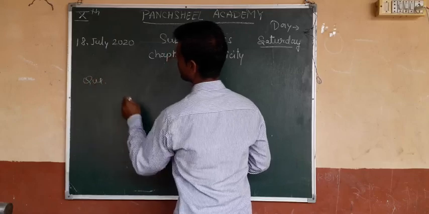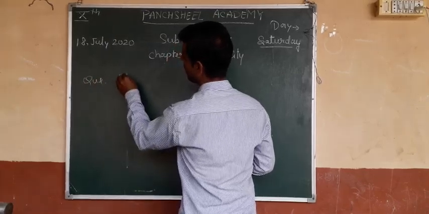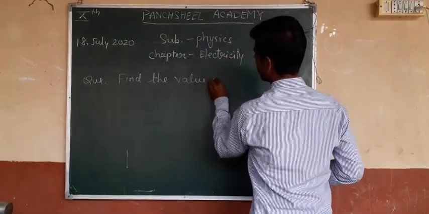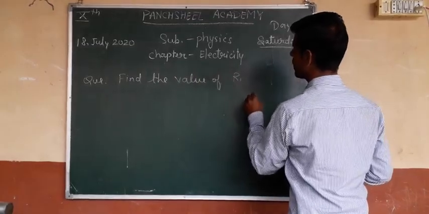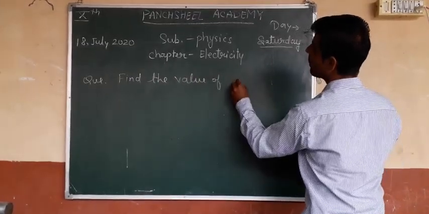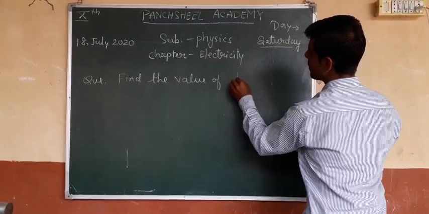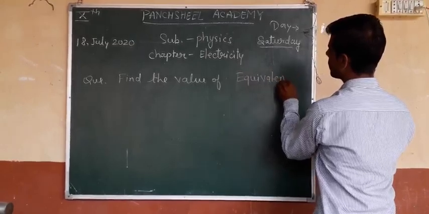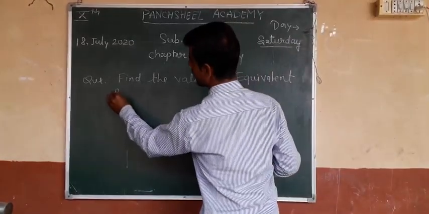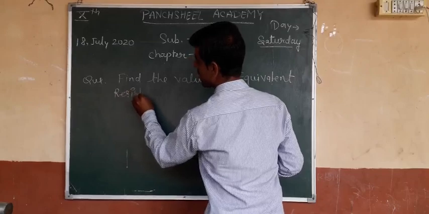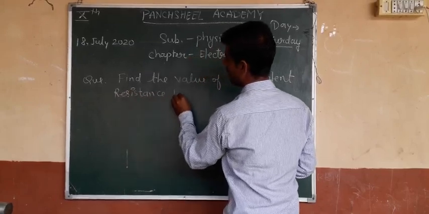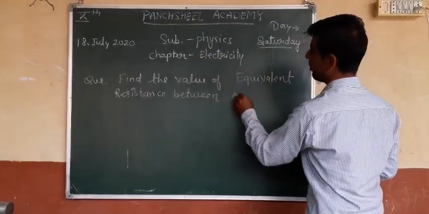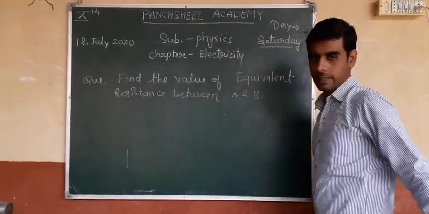Question: find the value of equivalent resistance between A and B. I write the diagram.